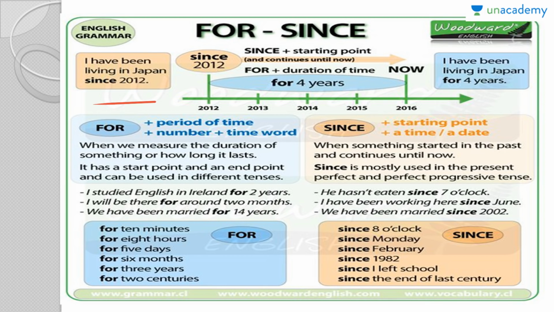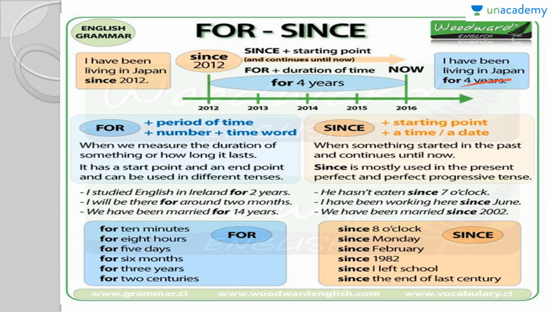The range is very clear, the person has been living there since 2012, so he's still living there. But if you say I have been living in Japan for 4 years, nobody can understand from which year you started living. So since makes it more particular, for gives you the exact amount of time.